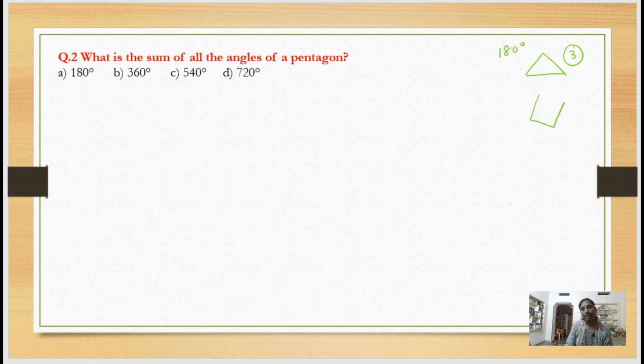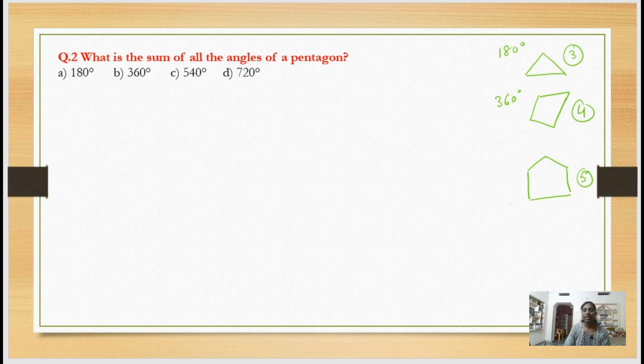Let me draw a quadrilateral. Quadrilateral means four-sided polygon, and it has 4 angles. And what is the sum of all the angles? 360 degree. Okay. Now what is a pentagon? Pentagon means 5-sided polygon. Okay, it is a 5-sided polygon. It means it has 5 angles.